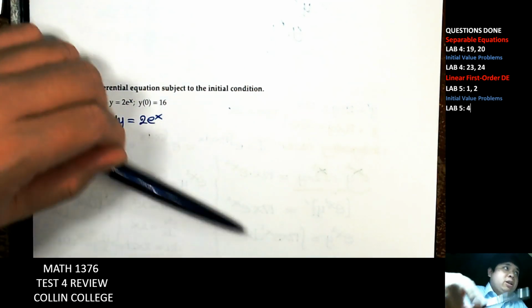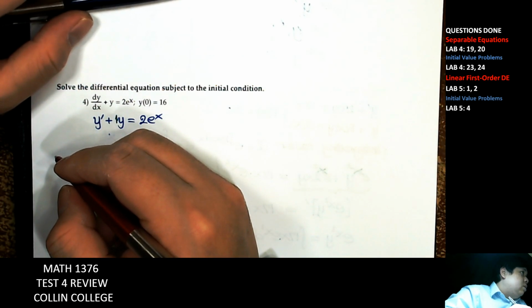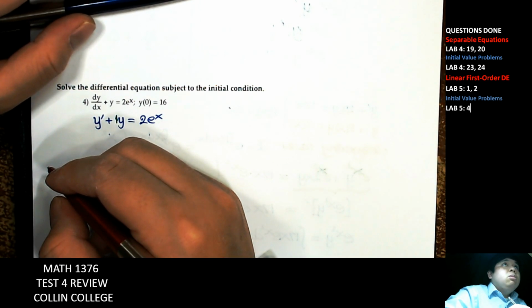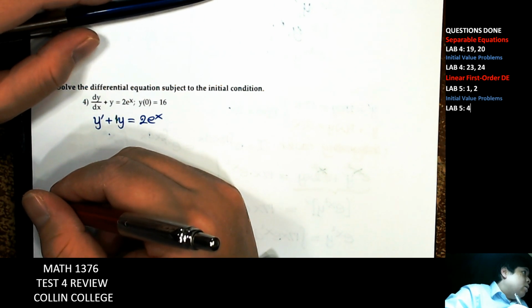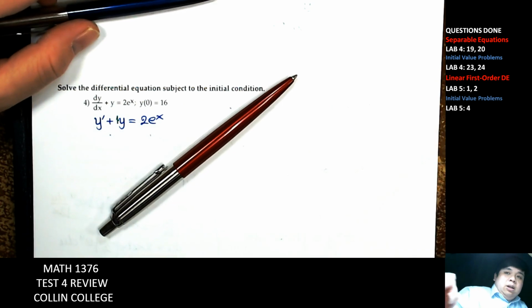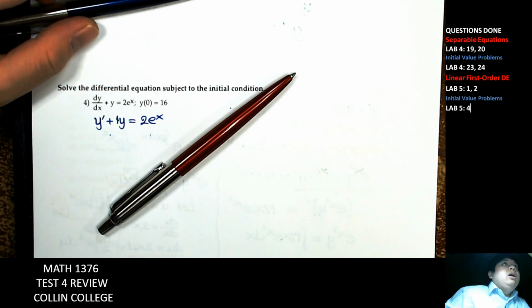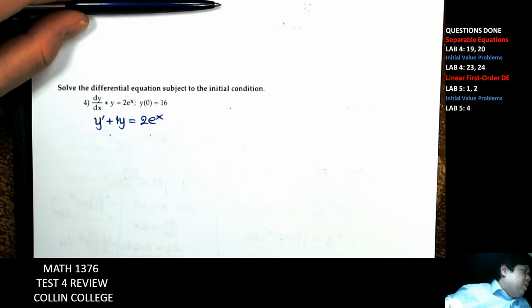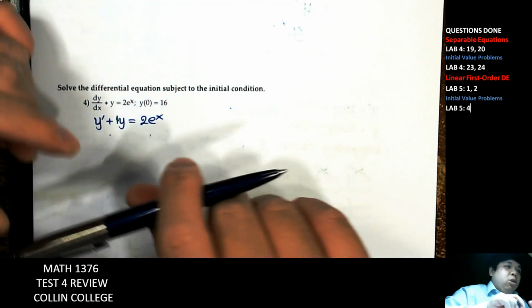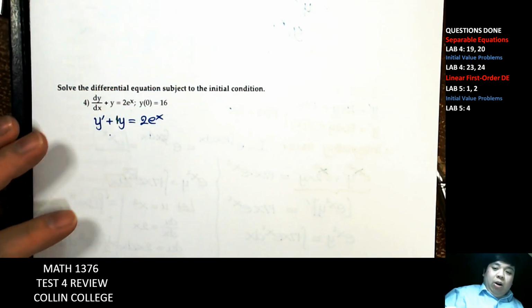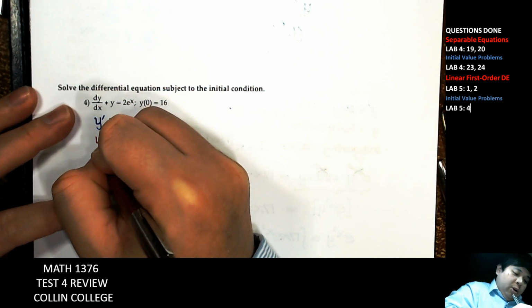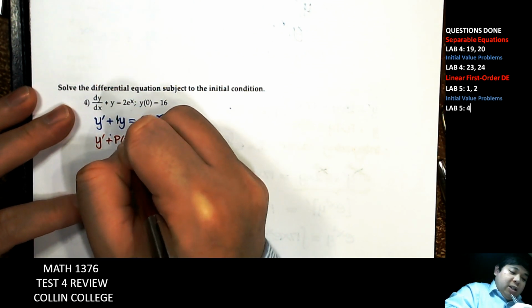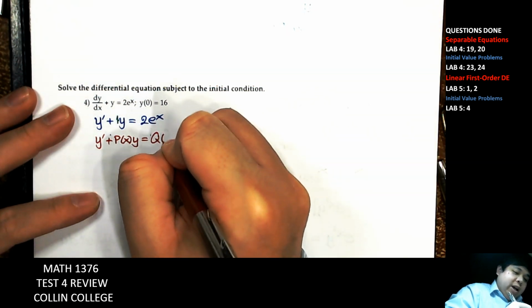So the standard form is: derivative plus a function of x times y equals another function of x.